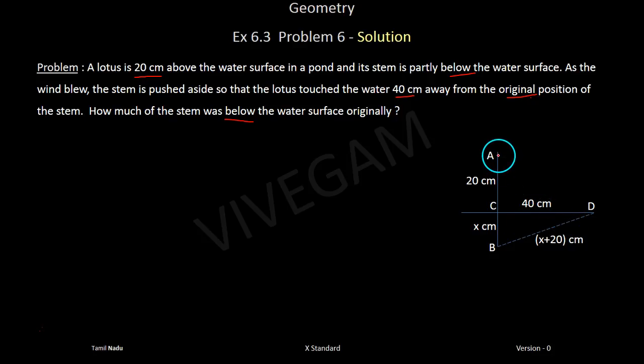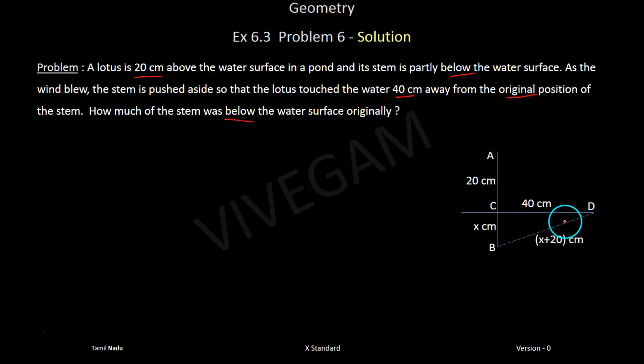When the wind blows, the stem is so thin that the entire stem moves aside. It is the AB which moves, not AC. That is the important point. So the AB moves to one side and touches point D.